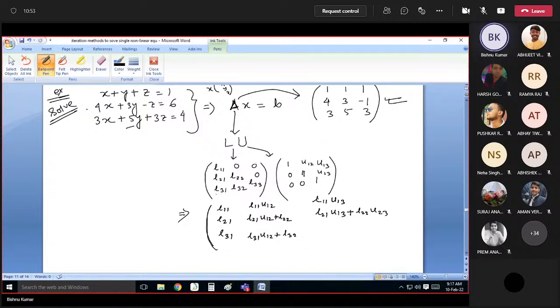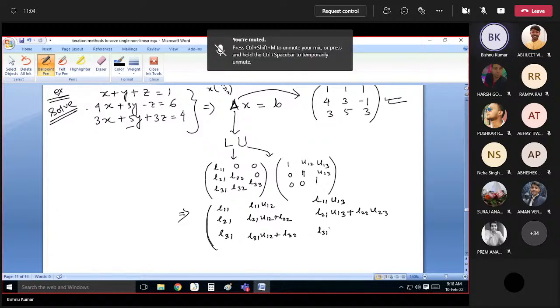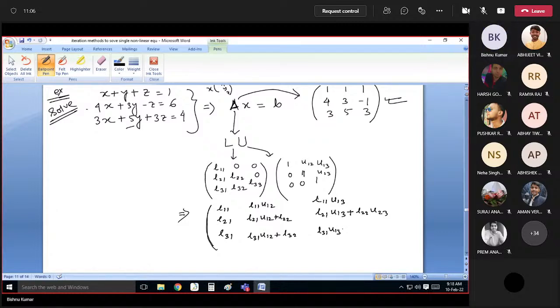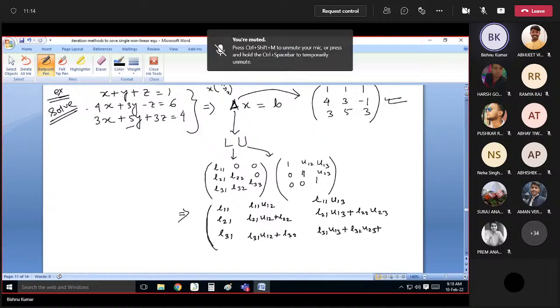And last row, last column, that is the last element, that is L31 into U13, L32 U23 plus what is the last, L33. Okay.